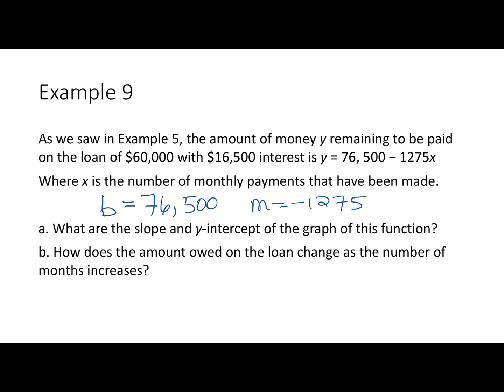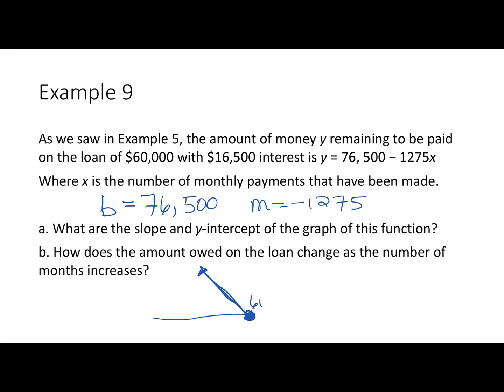Like when we saw before, if we use what we know about a slope, if the slope is negative, the graph falls from left to right. And so that tells us that that balance of 76,500 is going down until we get to 0.